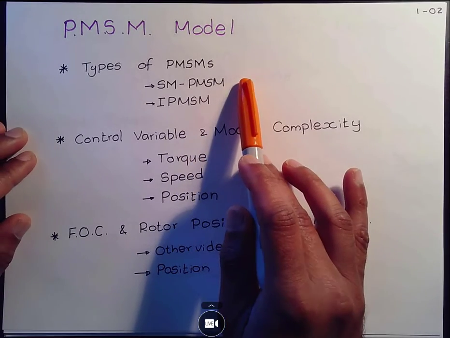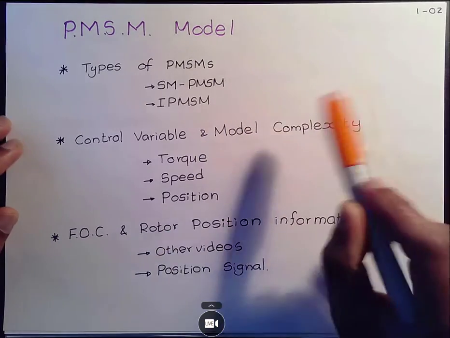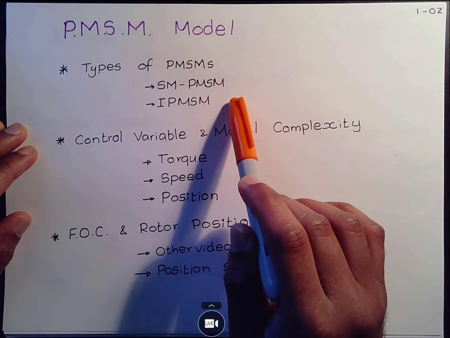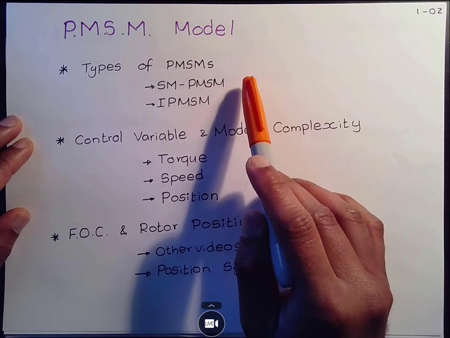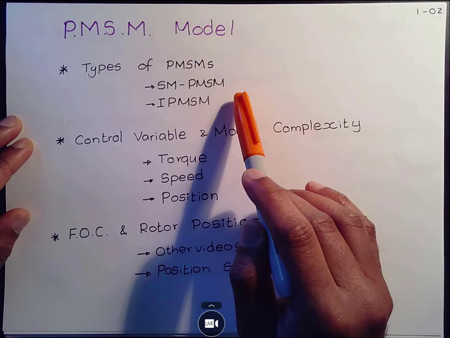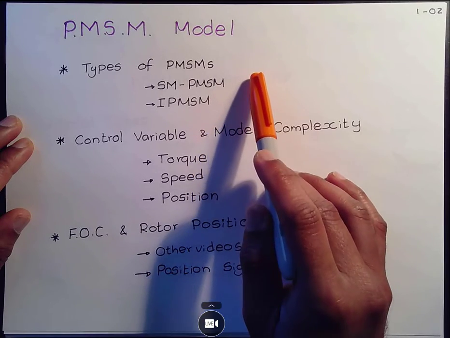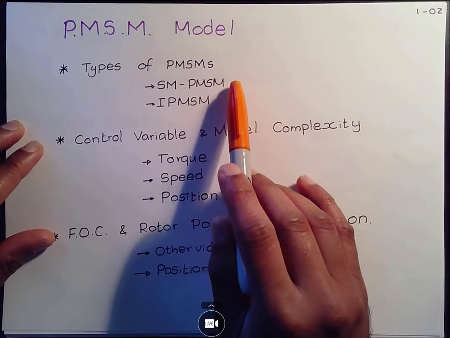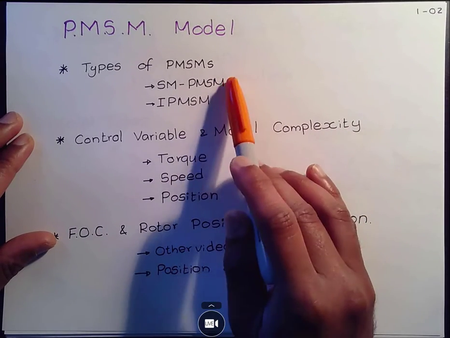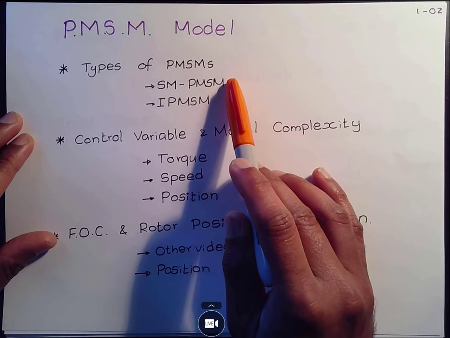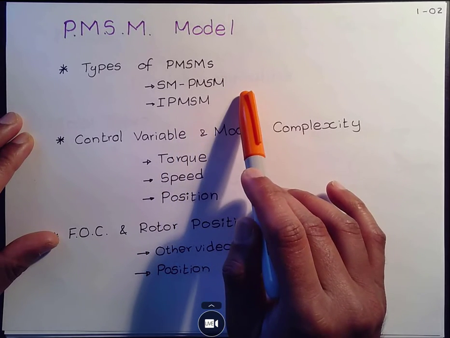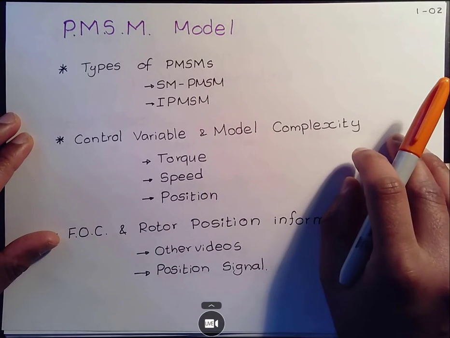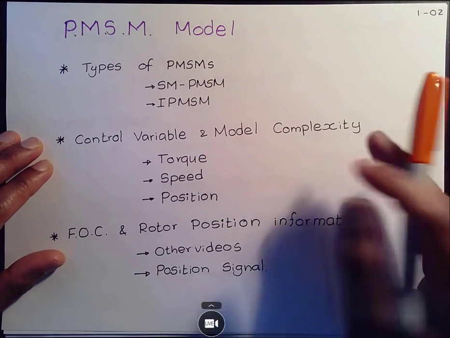In the models that we are going to discuss, you will be able to implement either of these types, because it's a matter of your direct and quadrature axis inductance. If you choose the same inductance for the direct and the quadrature axis, you're going to end up with an SM PMSM. But if you have different inductances, then you're going to have an IPM, and accordingly you will have to modify your torque equation. So keep that in mind.